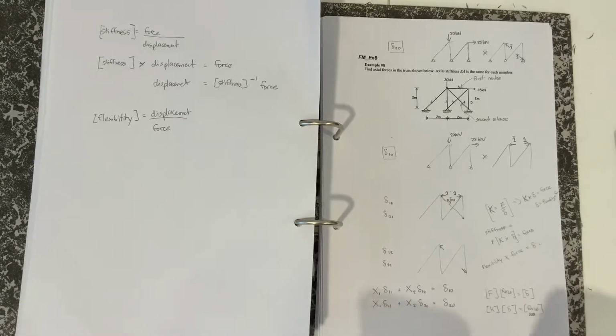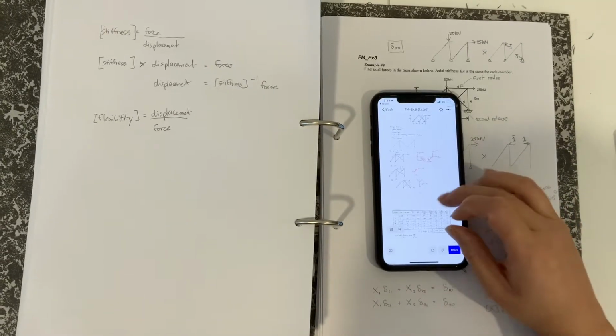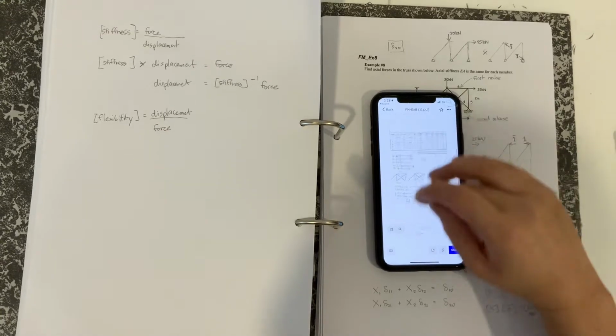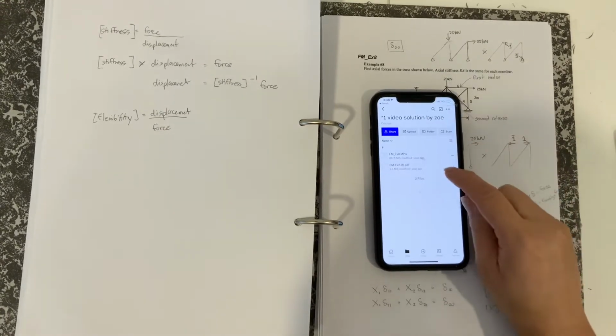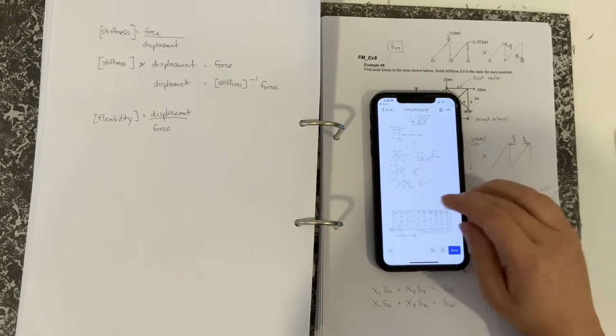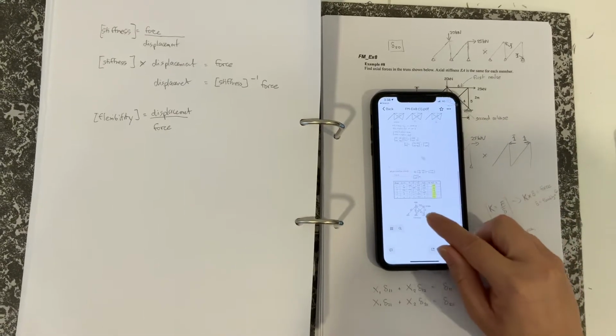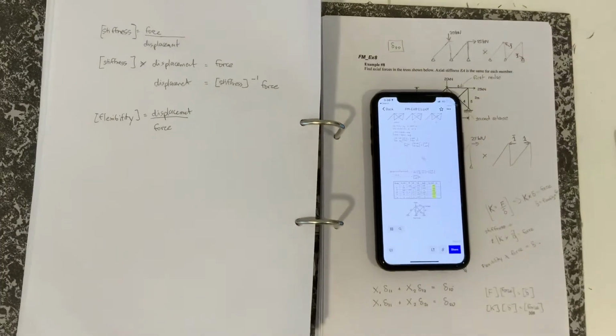So if you go to the Dropbox and look at FM8, there is a solution that's been written out in this video here, in this folder here, and there is also an accompanying video that goes through how each of these numbers were sorted out, and that leads to the final solution of the forces in each of the members.